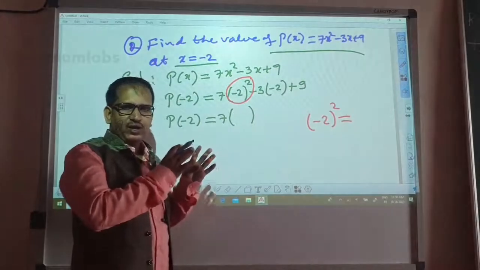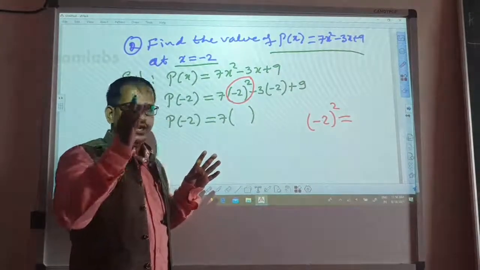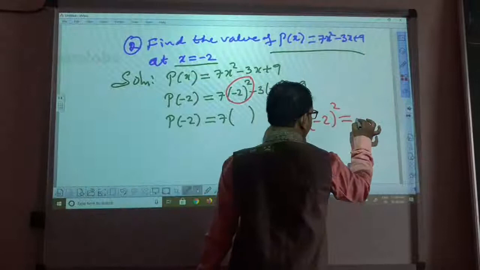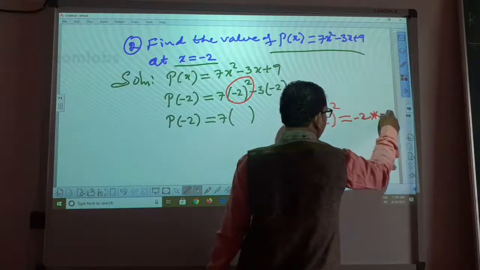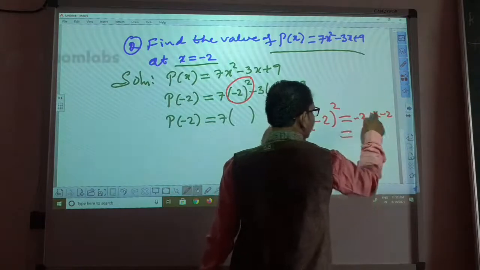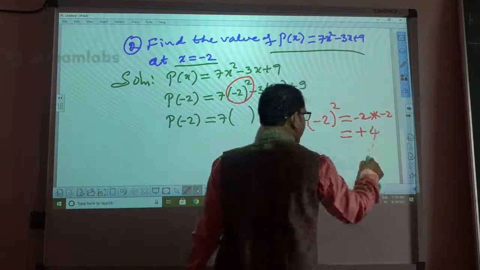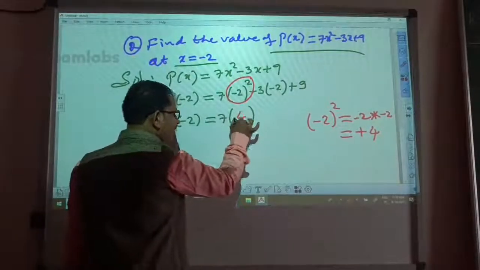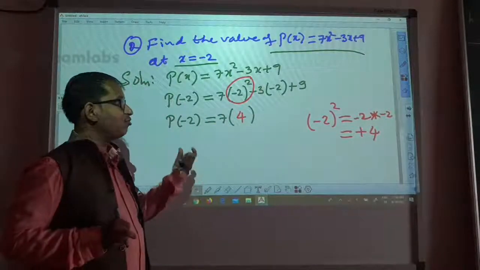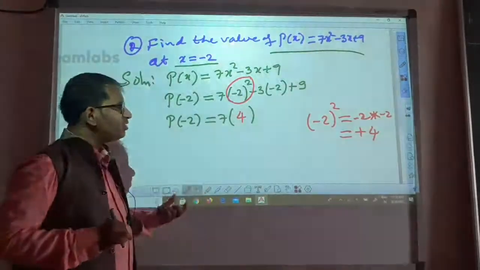For example, a square is what? A into a. Like this, minus 2 whole square means minus 2 into minus 2. What is minus 2 into minus 2? Plus 4, right? So minus 2 into minus 2 is plus 4 or only 4, not minus 4, because minus into minus becomes plus.